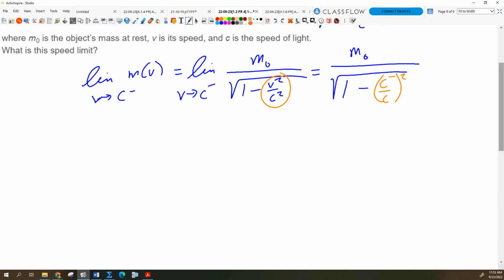So we could rewrite that as m naught divided by the square root of 1 minus a number slightly smaller than 1 squared, which is slightly smaller than 1, isn't it? 1 minus a number slightly less than 1: what is that? 0 plus.